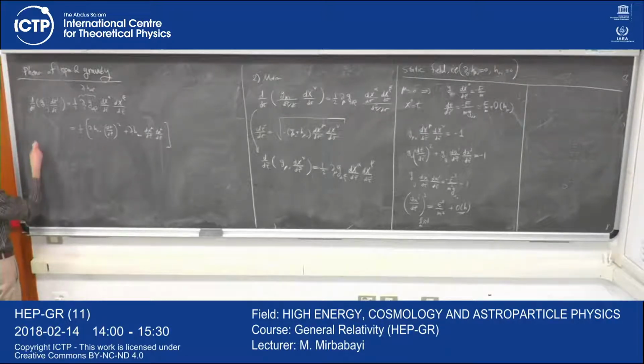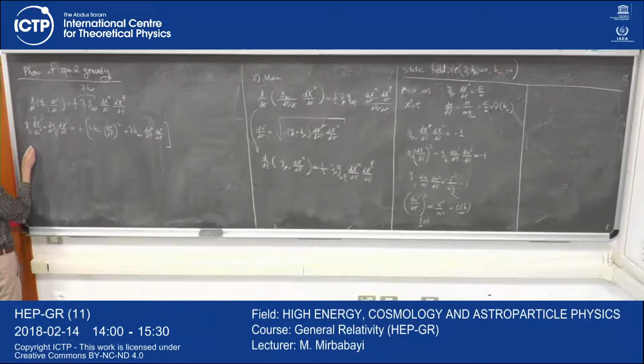What about the left-hand side? On the left-hand side, I have two terms. One is Gij times the acceleration, and then the other one is d by d tau tilde of Gij times dxj d tau tilde.